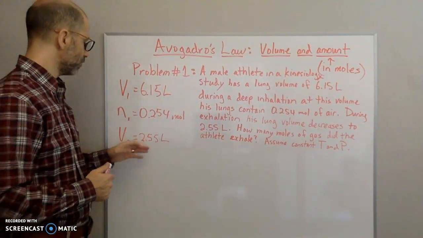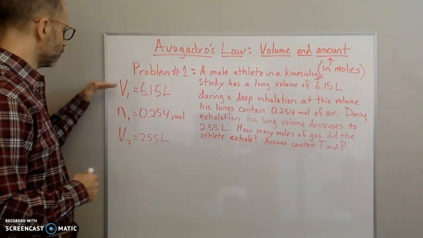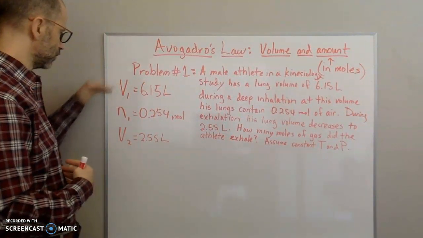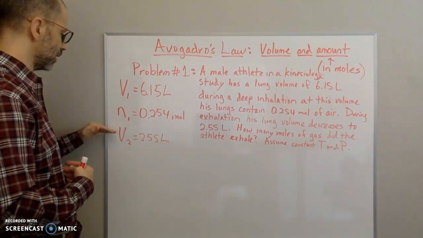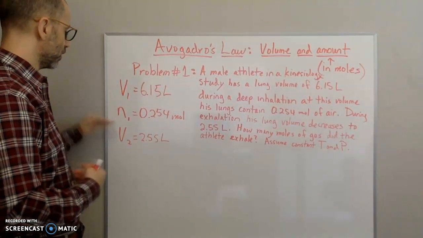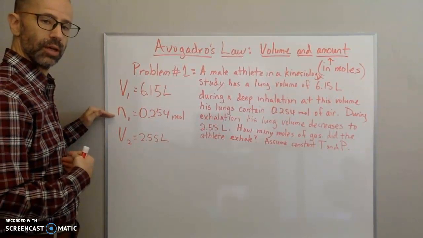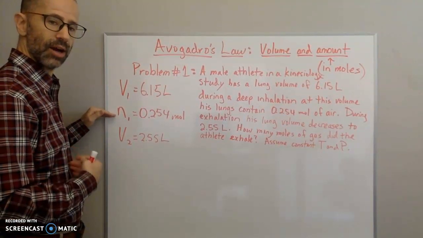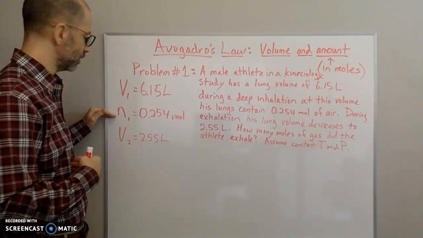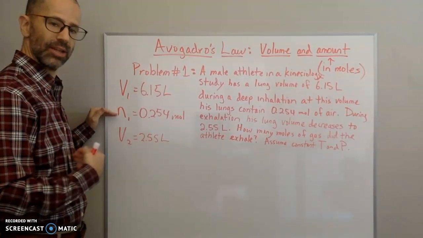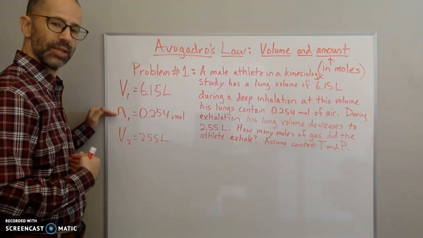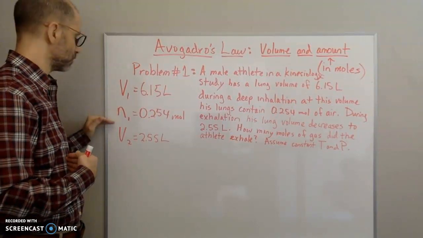And they want to know how many moles of gas did the athlete exhale, right? So what we can find first is, if the volume of the lungs decreases from this to this, then we can find out how many moles of the air is left in the lungs, because it's the air in the lungs that is related to the volume of the lungs.